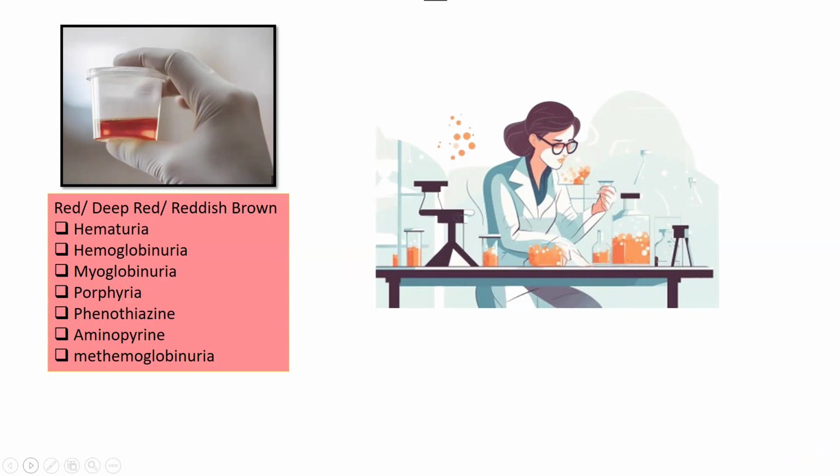That the animal is either having hematuria, hemoglobinuria, myoglobinuria, porphyria, or some medicines like phenothiazine, aminopyrine, or the animal is suffering from methemoglobinuria. There are indications regarding each color, and you just have to memorize these, and as a good veterinarian you should know these.